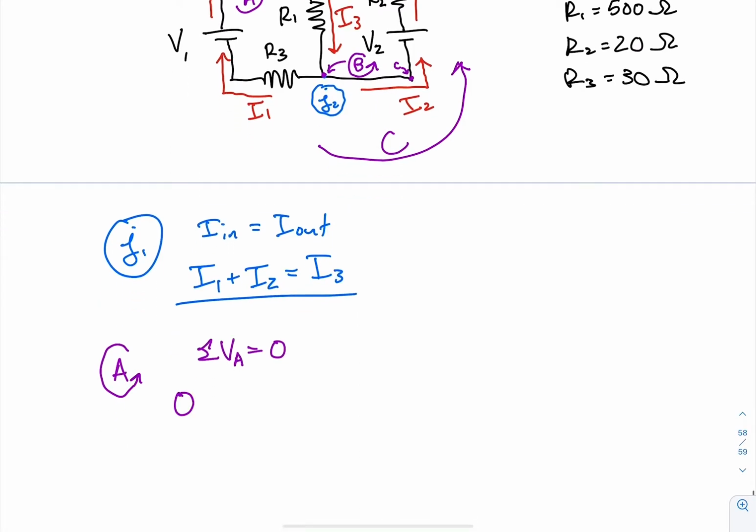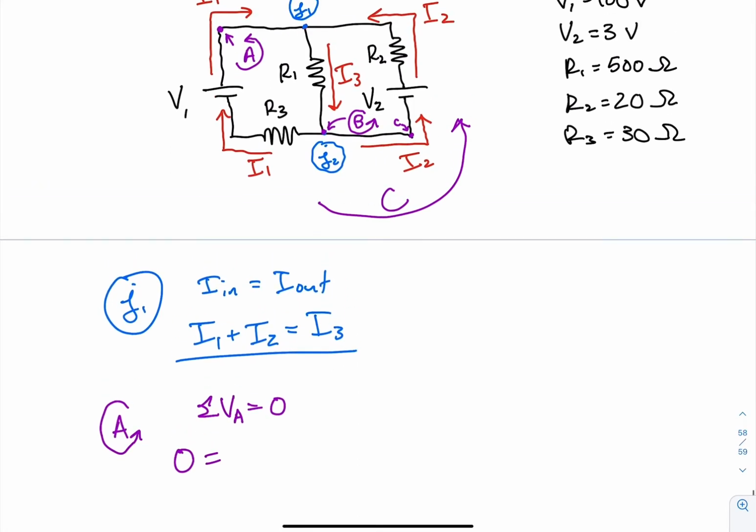So we could say 0 equals, starting again up here and going counterclockwise. We're going to go down first, from the positive terminal to the negative terminal. The convention for going through a battery is that when we go from high to low, we get a negative potential difference.